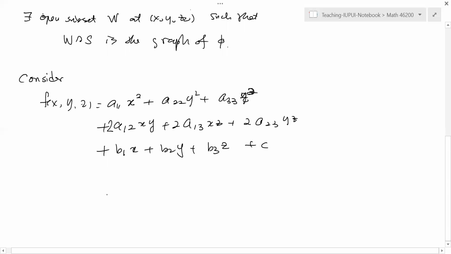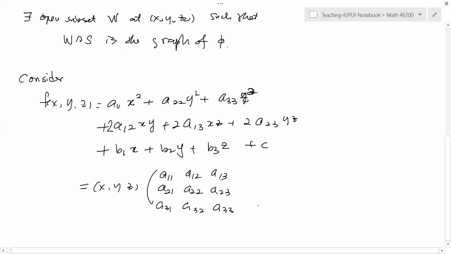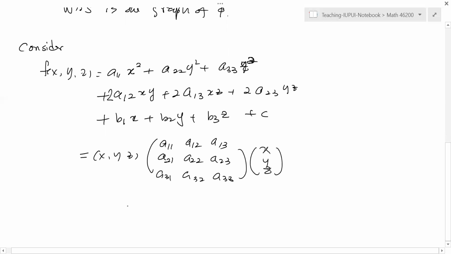So this actually can be written in matrix form. I have A11, A12, A13, A21, A22, A23, A31, A32, A33, and then plus B1, B2, B3 times x, y, z, and plus c.